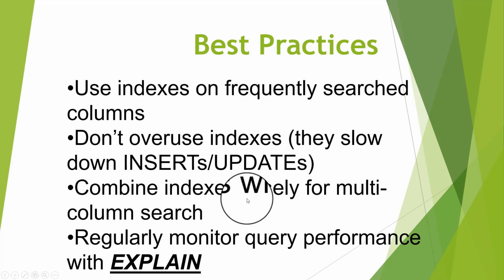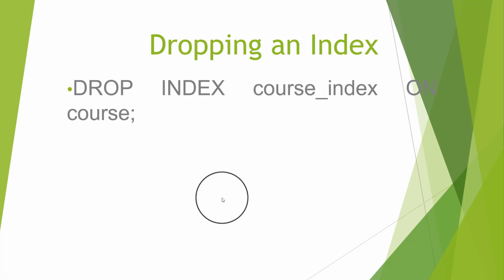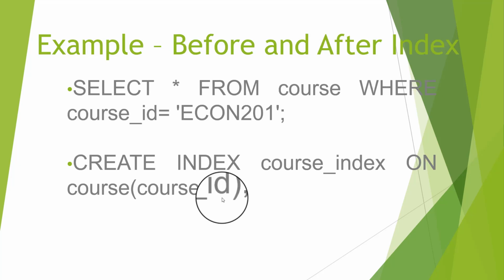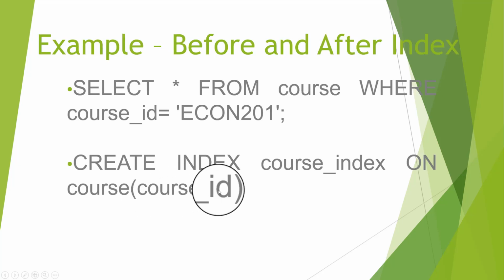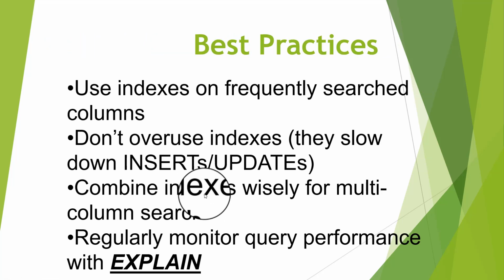And you can also combine columns, as I have developed an index on only one attribute, course ID. But rather than only course ID, you can put multiple columns. It means you can apply an index on more than two attributes. So combine indexes wisely for multiple columns, and you can check index performance using the explain command, explain query. So this is all about indexes.